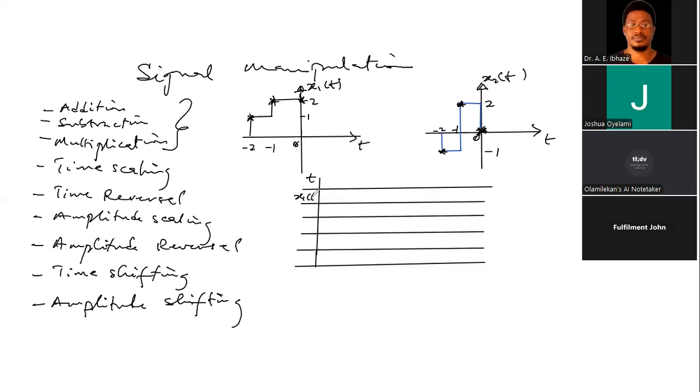So let's say this is S1 of t, this is S2 of t. I want to perform addition here, subtraction here, then multiplication here. In this time axis, I have -2, -1, and 0.